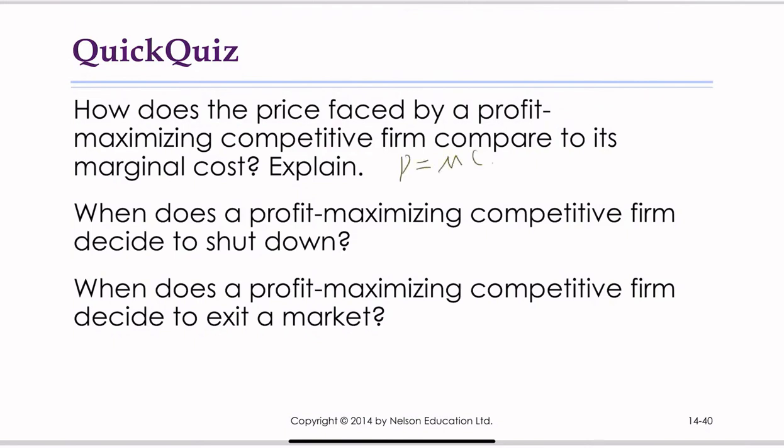When does a profit maximizing competitive firm decide to shut down? Well, we learned if price is smaller than average variable cost, then the firm should shut down. Or you could say if total revenue is smaller than variable cost. Right? These two conditions are the same.